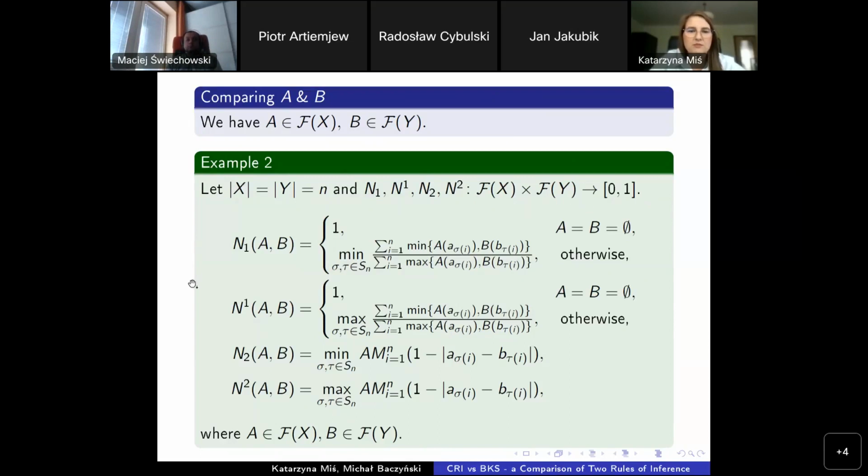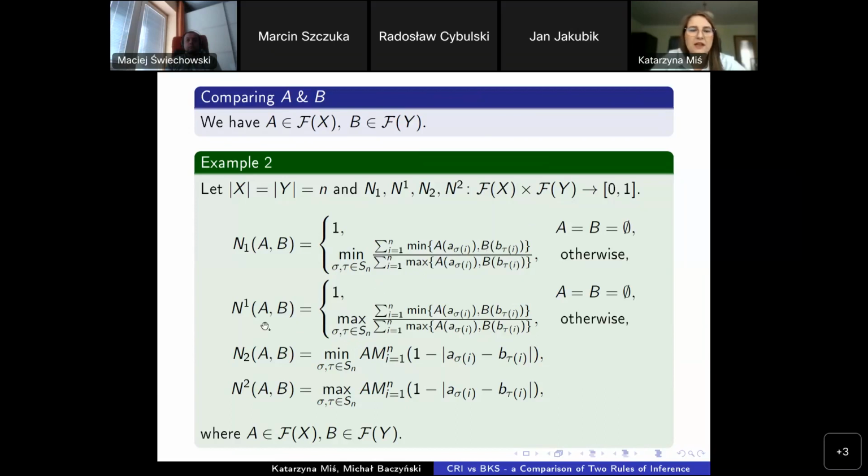The first one is N1, and the second one is N2, each with an upper index. As you can see, we have again the same fraction as before, with the sum of minimal values over the sum of maximal values, but here we take all permutations that are available for our vectors.